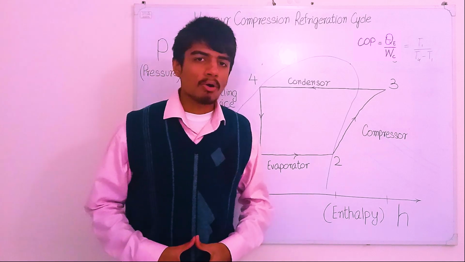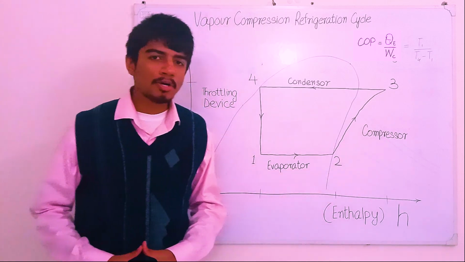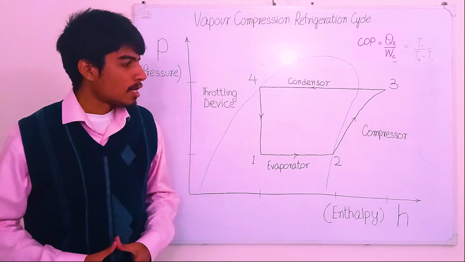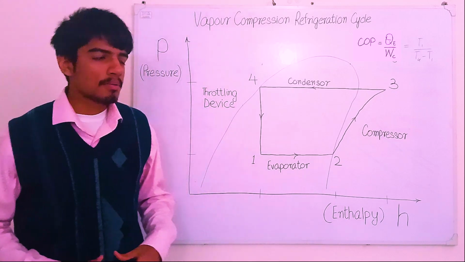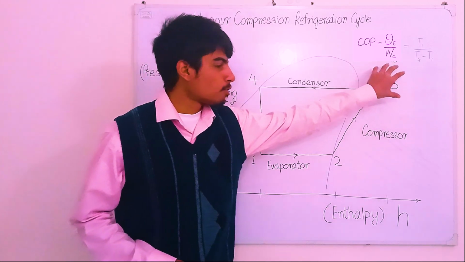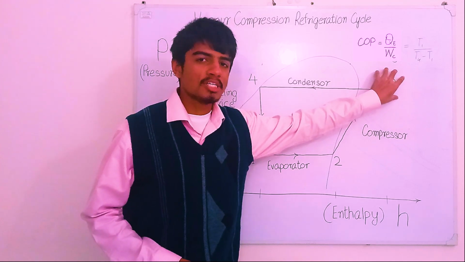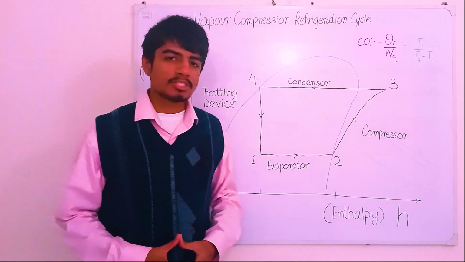The work done on the refrigerant during this compression is converted into internal energy of the refrigerant. As internal energy of the refrigerant increases, its temperature also rises. So, at the outlet of compressor, we have high pressure, high temperature refrigerant in superheated vapor state.